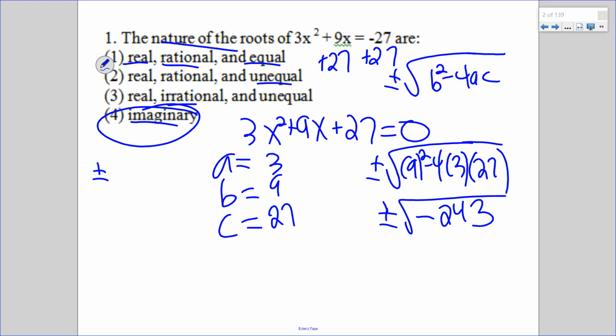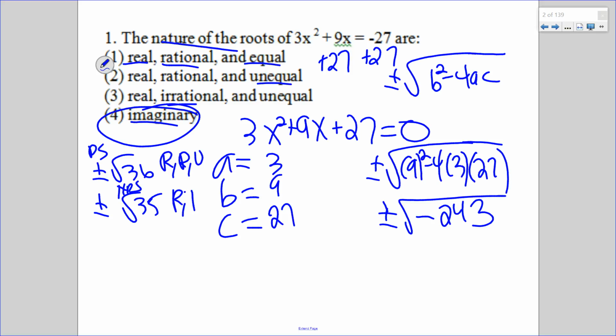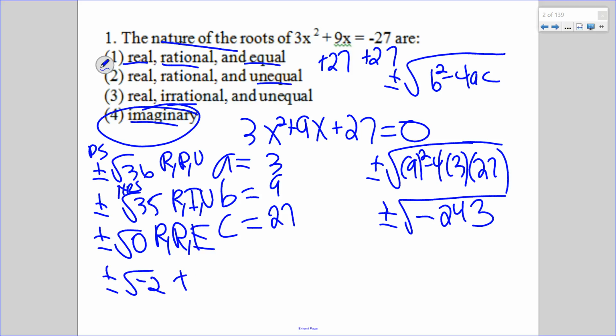If it is a perfect square, it's real, rational, unequal. If it's a non-perfect square, it's real, irrational, unequal. And if it's zero, real, rational, equal. And again, if it's negative whatever, it's imaginary.